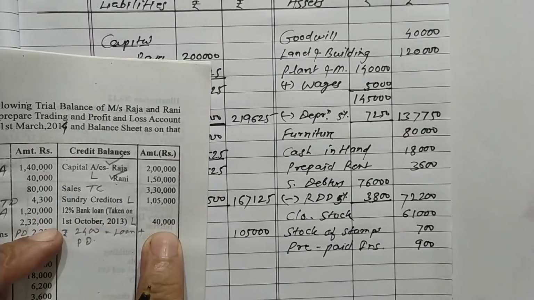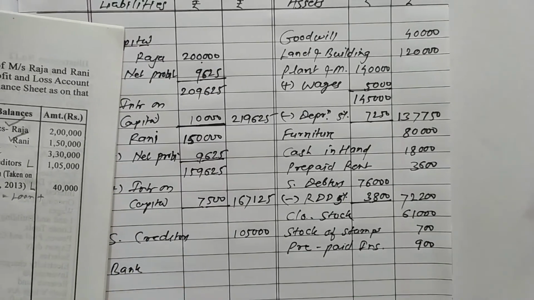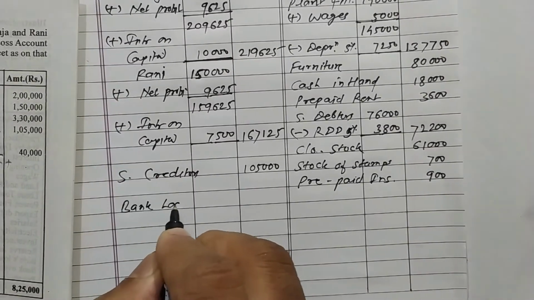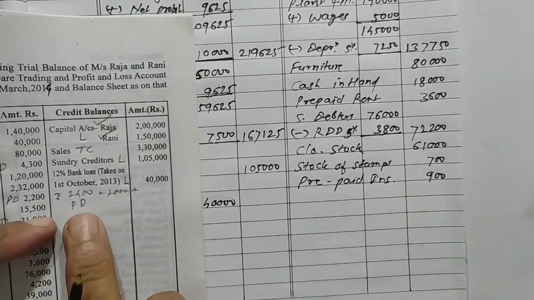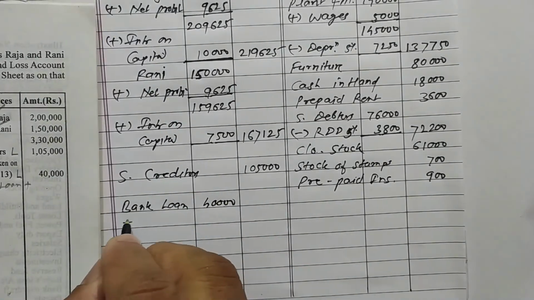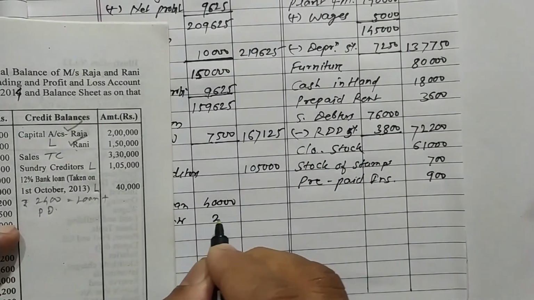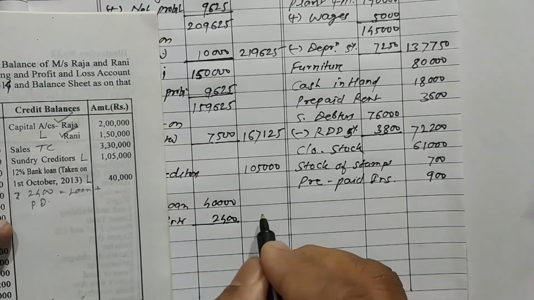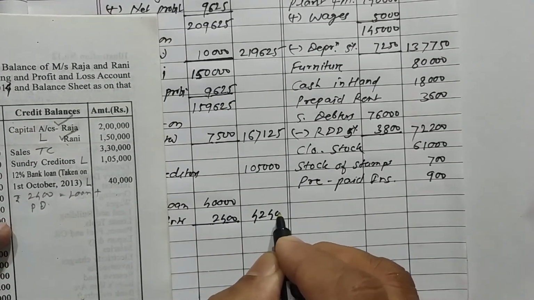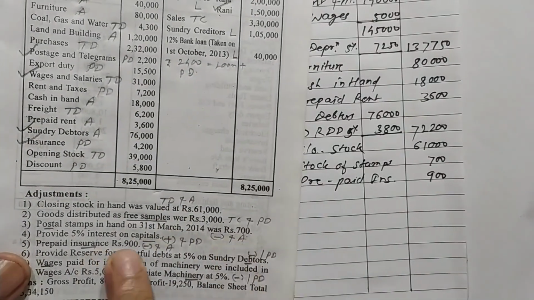Again we have bank loan. Right here it is bank loan, inner column 40,000. We have to add interest on loan. Add outstanding interest, rupees 2,400. And the total comes to rupees 42,400. Okay. Now in adjustments, liabilities we have to find out.